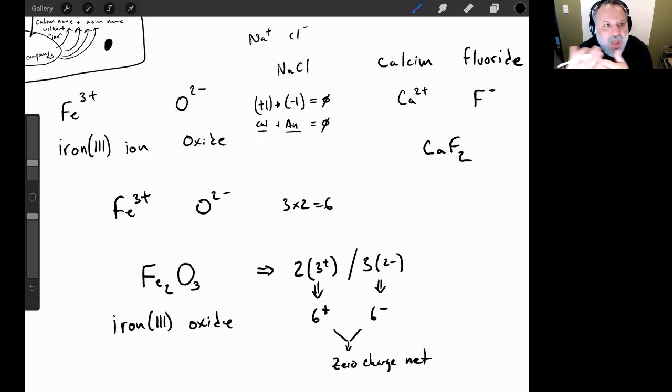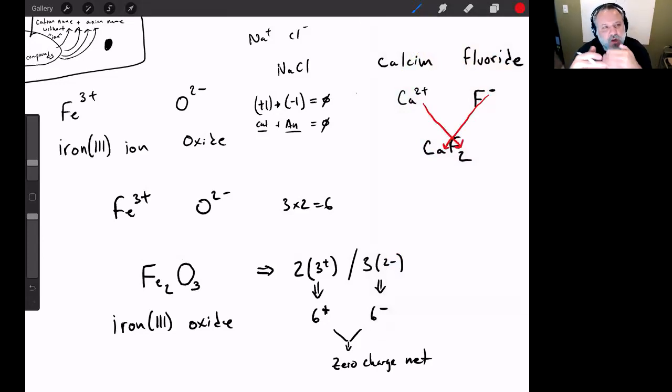Now, every chemistry instructor on the planet teaches the following trick. If you look at what's going on, we can do something called cross down. What I mean by cross down is that I can take the charge on one ion and cross it down to be the subscript on the other ion.